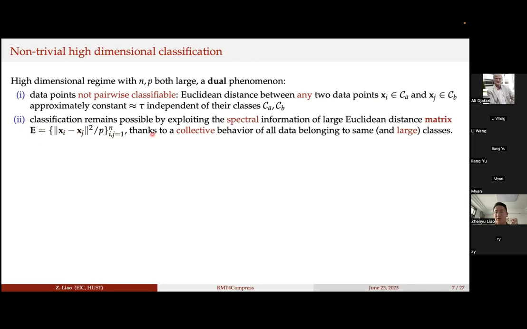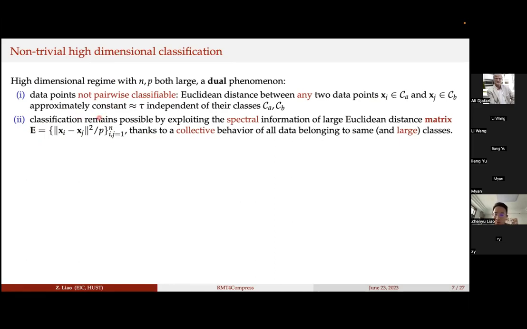We are not trying to focus on the entries of this Euclidean distance matrix, which are not going to be very informative because data vectors are not pairwise classifiable. We always get a constant tau.